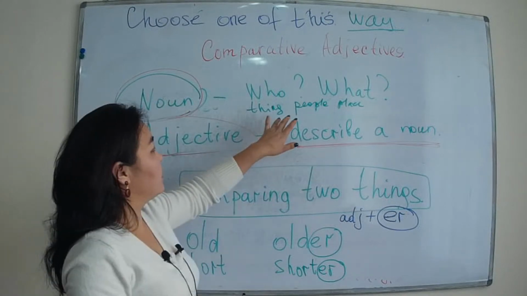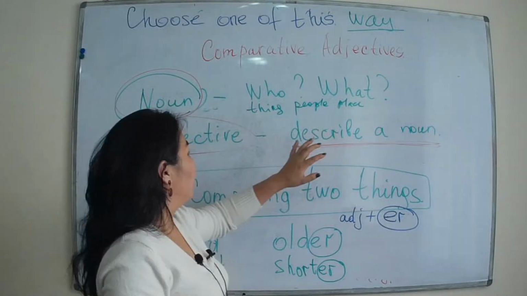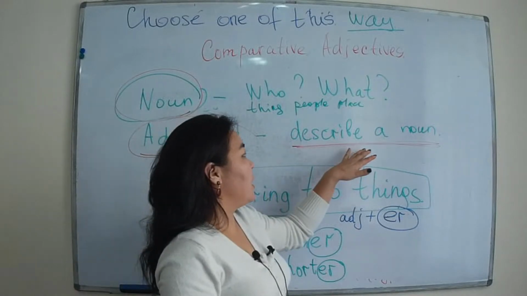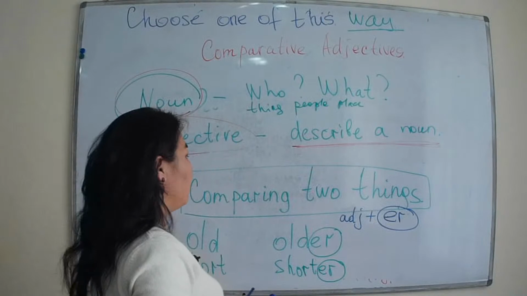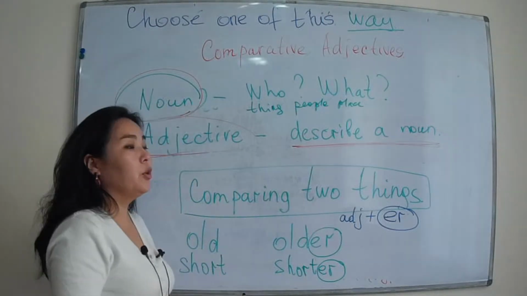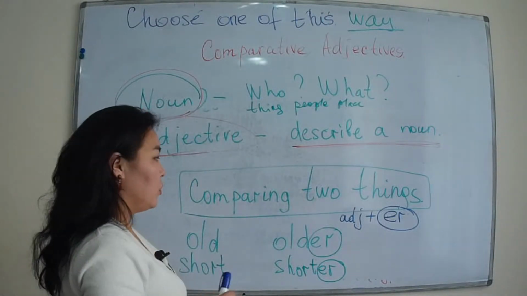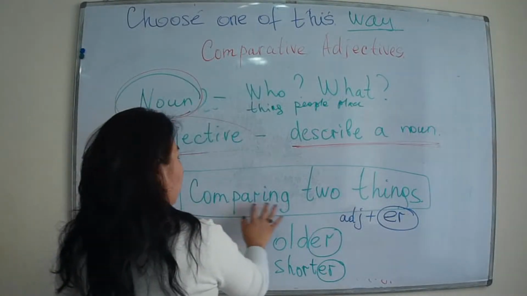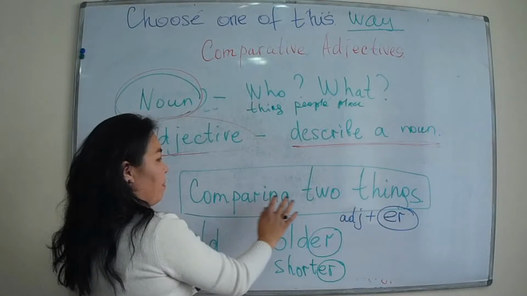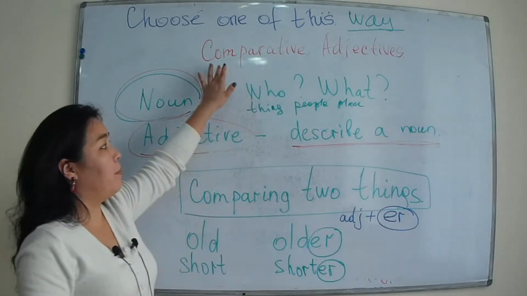A noun is a thing, people, place. Adjectives help us in describing a noun. So, and when we want to compare two things, we use comparison adjectives.